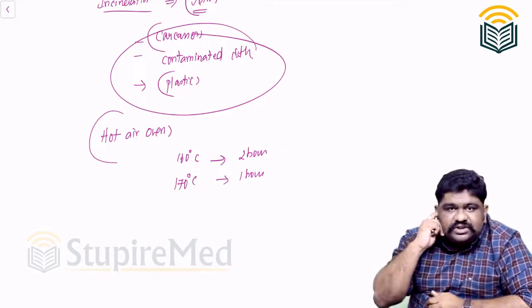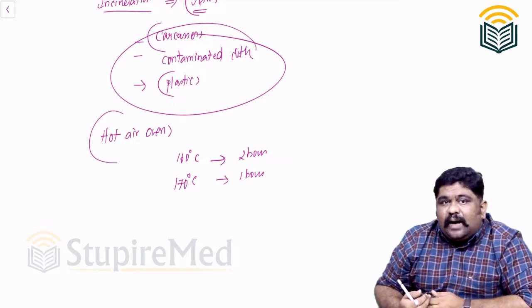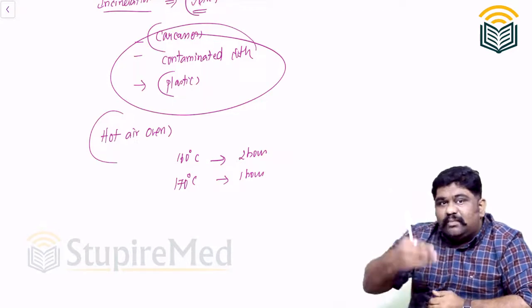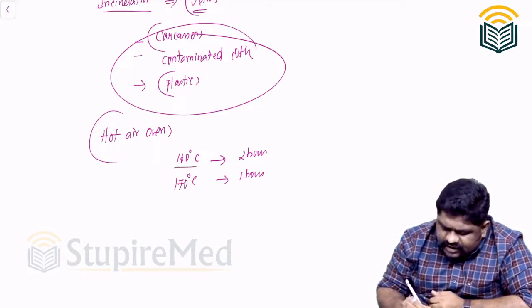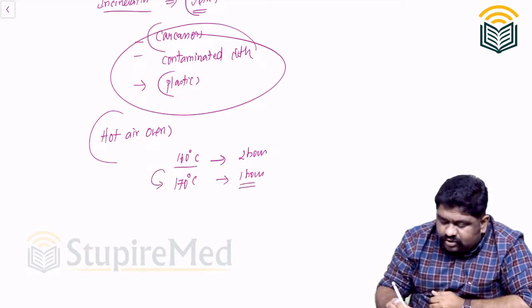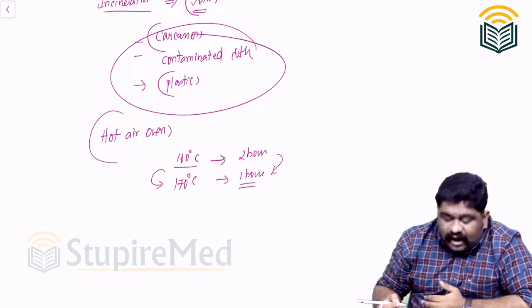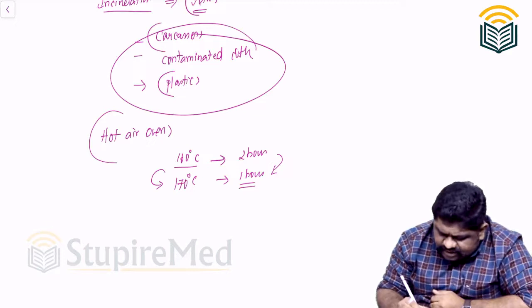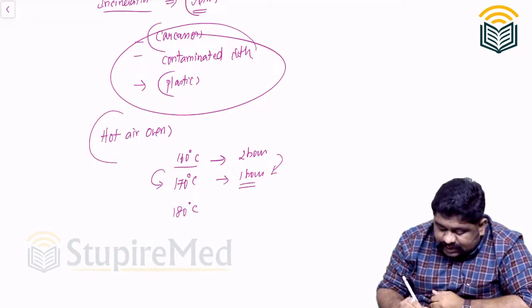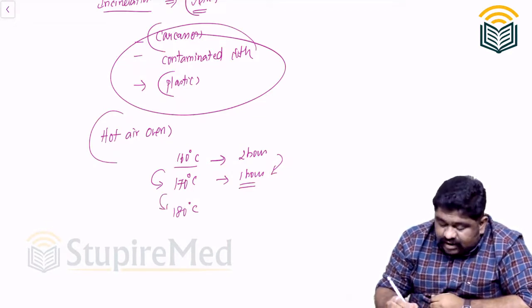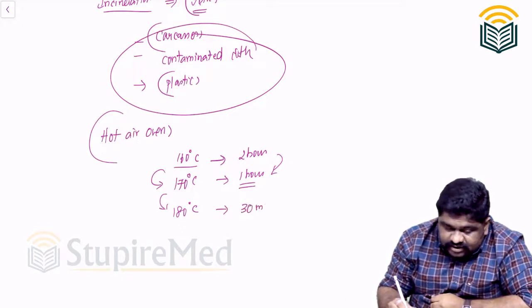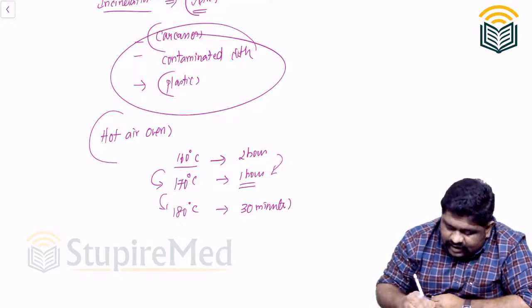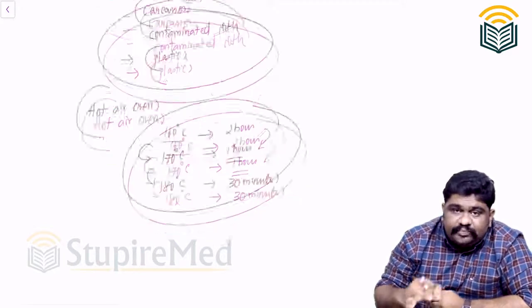If I increase the temperature beyond what is required, the amount of contact time required can come down dramatically. A mere increase of 10 degrees Celsius was able to bring down the time required by half. If I go to 180 degrees Celsius, just by increasing 10 degrees Celsius, I can bring the time required down to 30 minutes. This is the beauty of holding time when it comes to an increase in temperature.